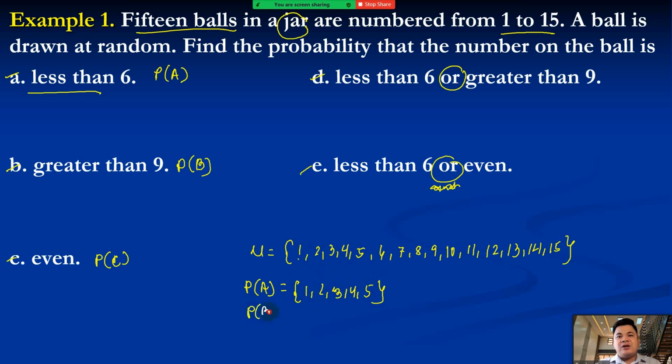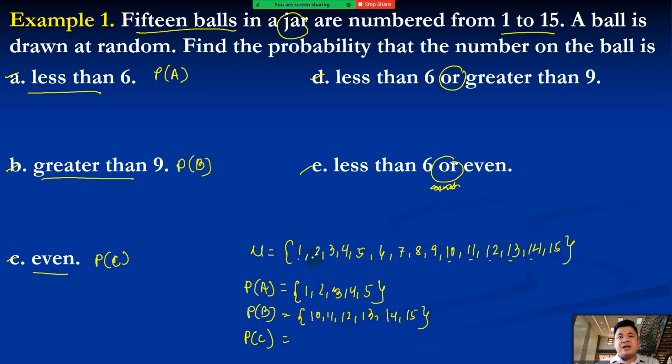Then how about probability of event B, or greater than 9? The numbers that are greater than 9 are 10, 11, 12, 13, 14, 15. So let's write them. Greater than 9, we have 10, 11, 12, 13, 14, 15. And then probability of event C, getting an even number.